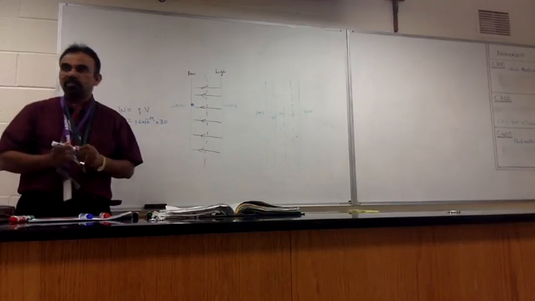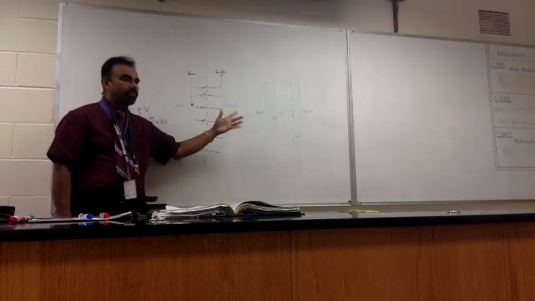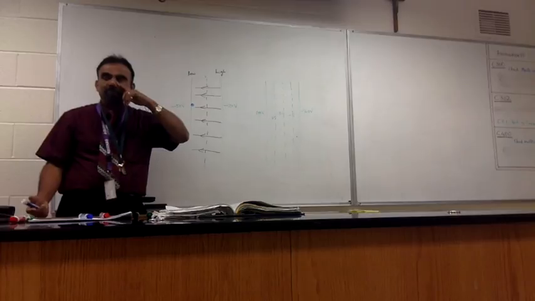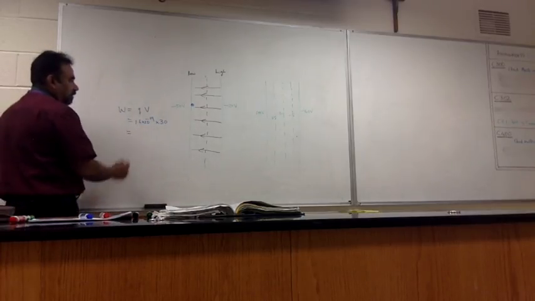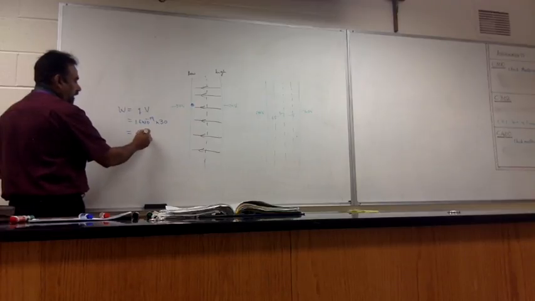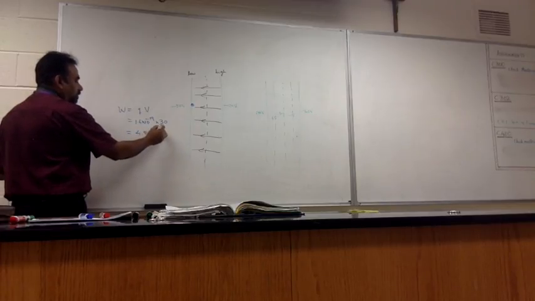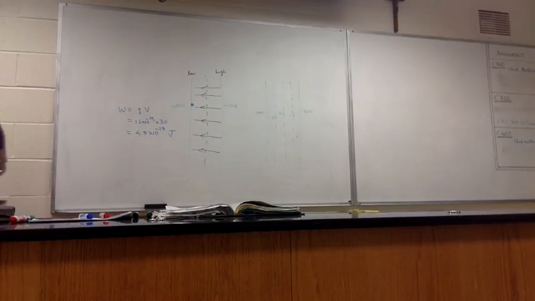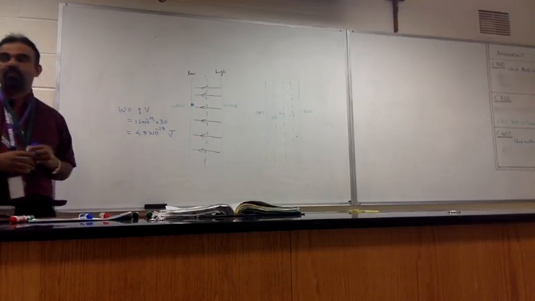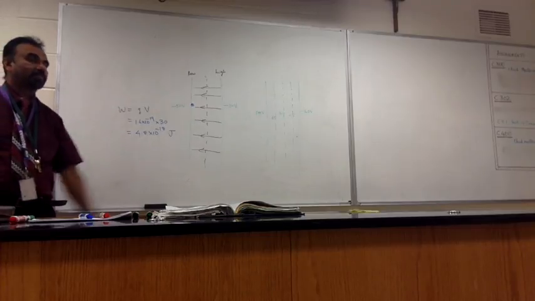You understand why it is 30? This is negative 50 and that's negative 20, so the difference between them is 30. Multiply this, and the answer is 4.8 times 10 to the power of negative 18. That is the energy with which this electron is going to crash onto the plate.